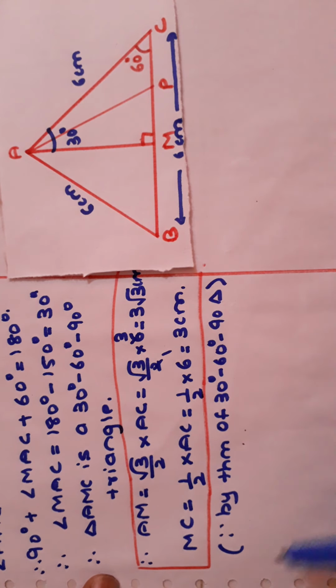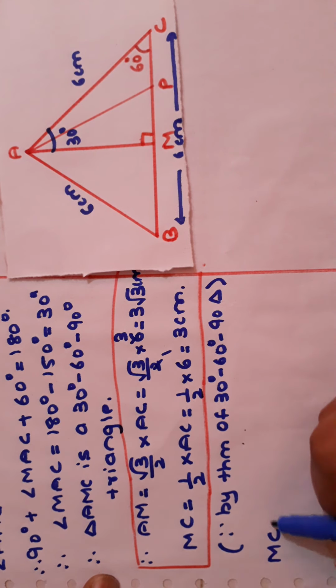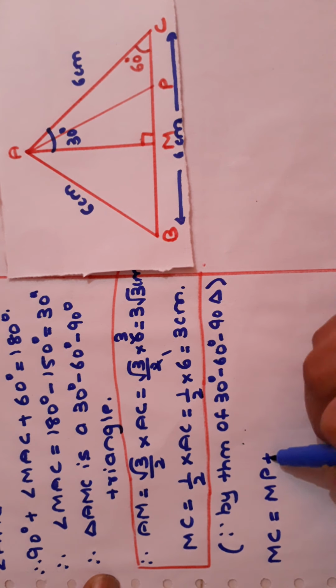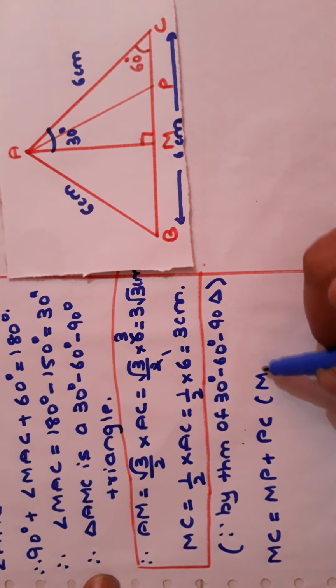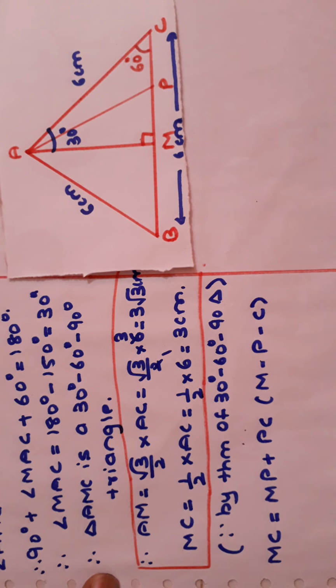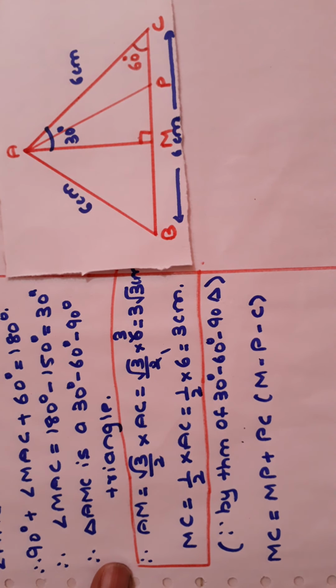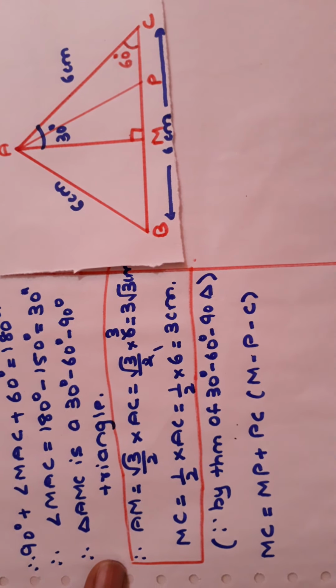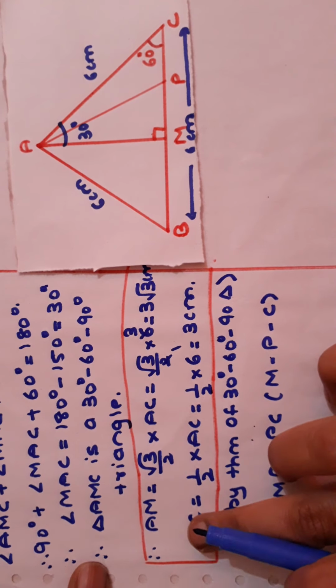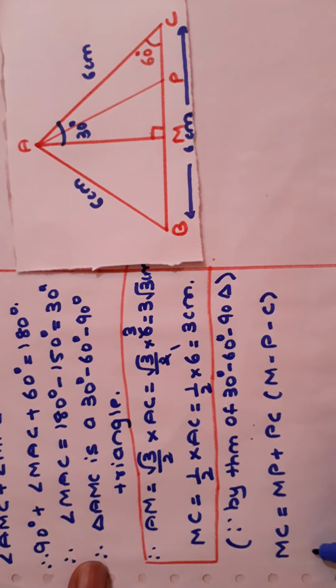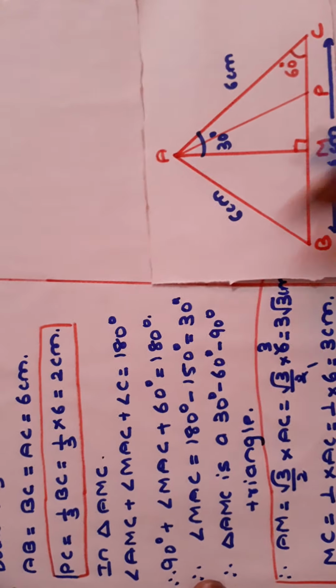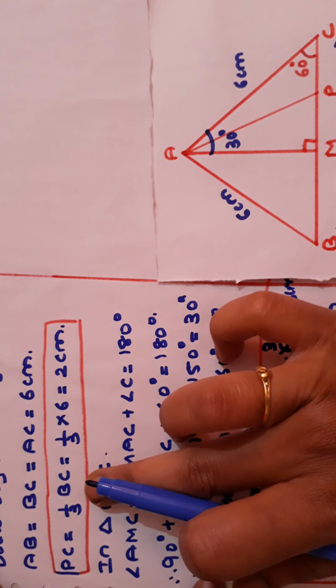Now from the figure we can say that MC is MP plus PC. Point M, P and C are collinear points. Substitute the value. MC is 3 centimeter. MP, to find PC. PC is 1 by 3 times BC.